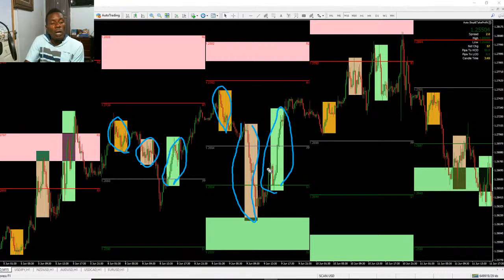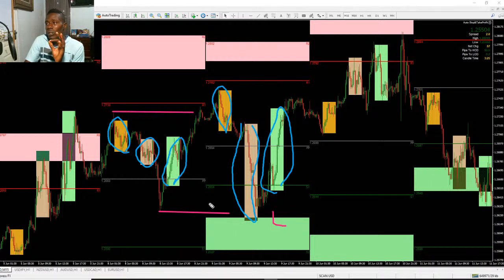That's why I like to look left and see what's setting up. I would also identify my swing high. This was the high of the day and this was the low of the day. If I want to buy, I would buy at the low of the previous day, right here.